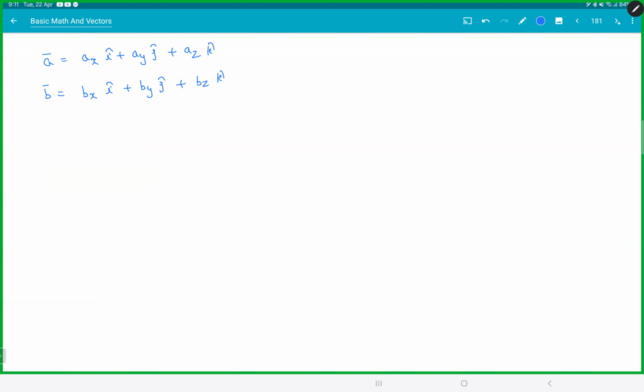If someone asks you to find what is A bar cross B bar, this is how we write. It's a 3 into 3 determinant. i, j, k. We'll put the three vectors there. Then A is coming first, so we'll have ax, ay, and az. And then B is coming, which is bx, by, and bz. So how do we solve a 3 into 3 determinant?